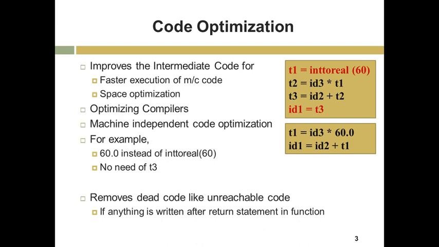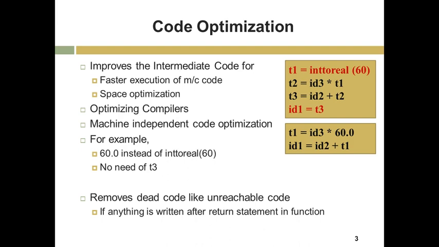The last two statements can be combined as ID1 equal to ID2 plus result of T1. So this will reduce space. The additional temporary variable T3 is removed here. Okay, so this is one of the roles of code optimization.